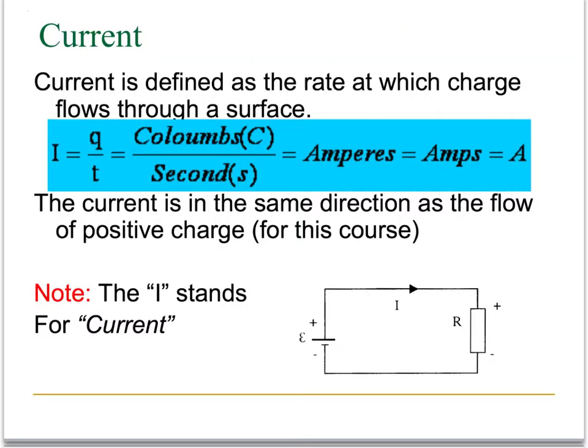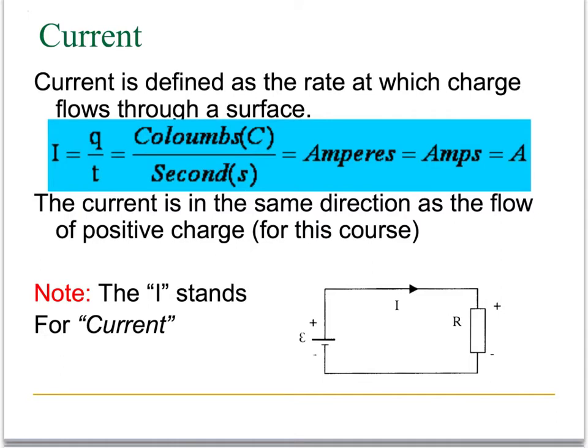Current is defined as the rate at which charge flows through a surface. The symbol that we're going to use for current is I. I know it seems logical we should use a C, but we've used C for so many things already, we're running out of letters, so we're going to go with I. So our equation is I equals Q divided by T. Remember, Q stands for charge, and T stands for time.